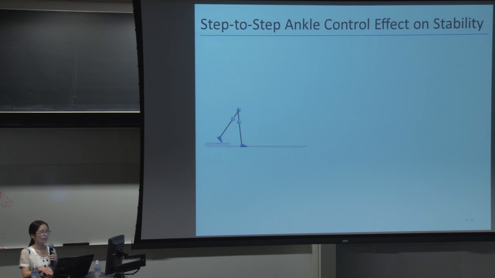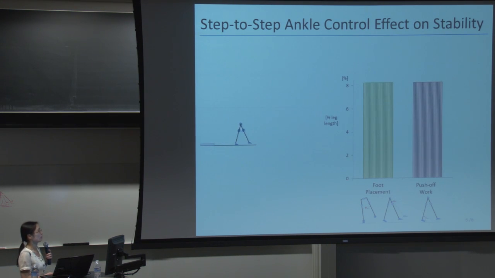Hence, we implemented this type of controller, and we found that using foot placement, we can get much larger disturbance recovery. But the push-up work control also showed a similar tendency. In fact, both of them can recover from the maximum disturbance before the model broke down.